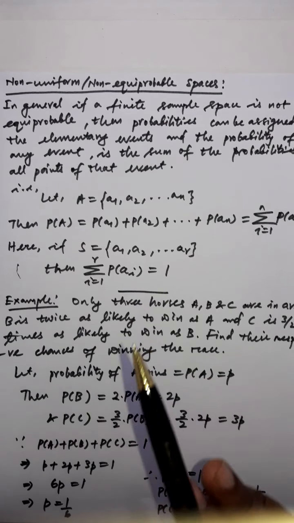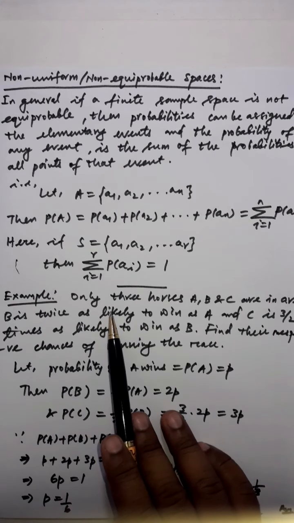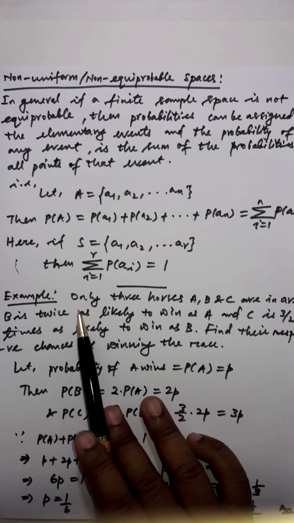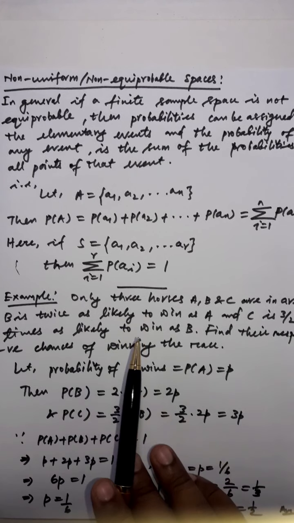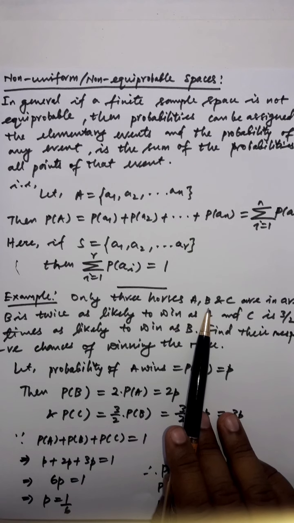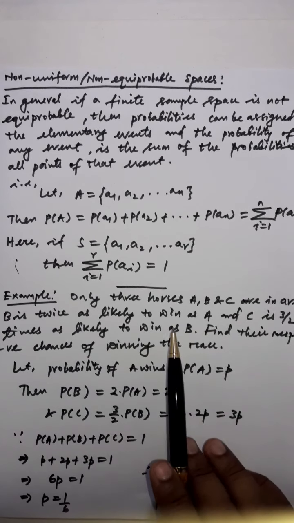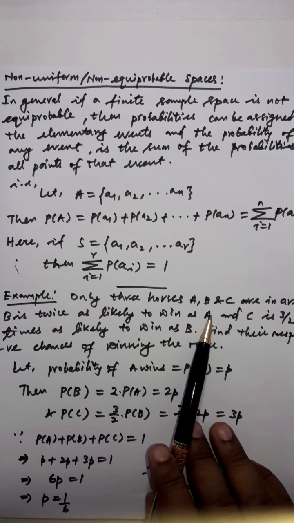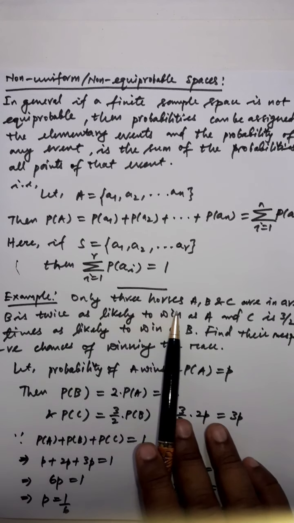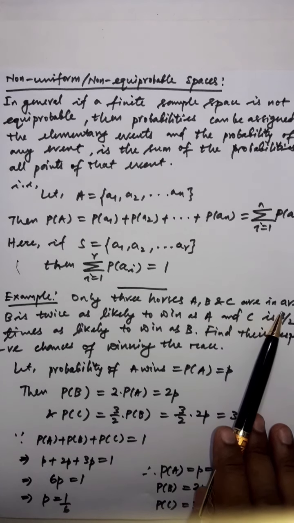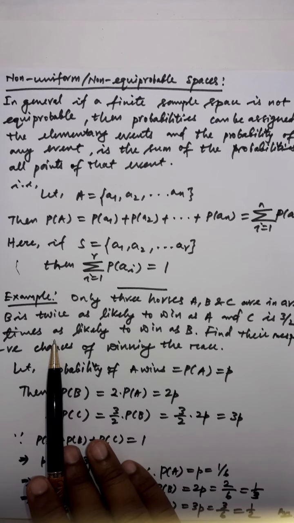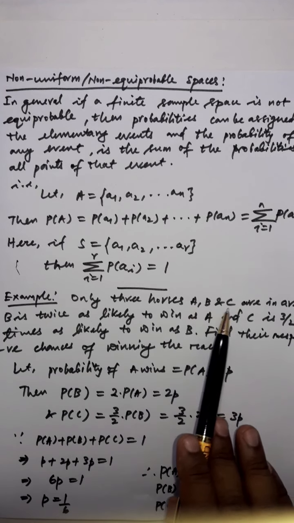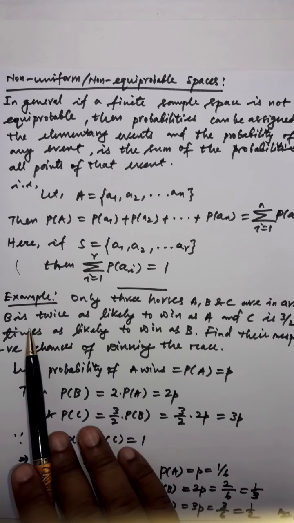Let us discuss one example to conclude it, friends. The example we have taken is of horses in the arena. Arena is the fence or the area where horses are kept. So only 3 horses A, B, C are in the arena.